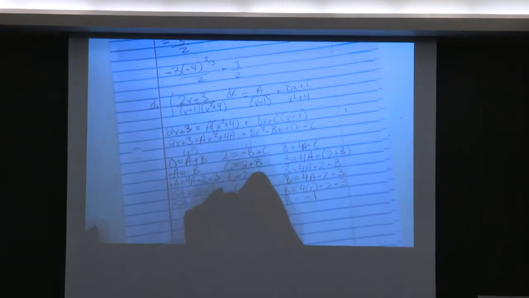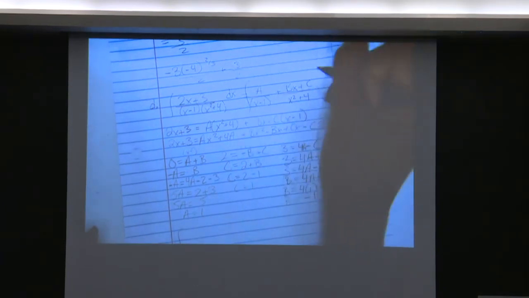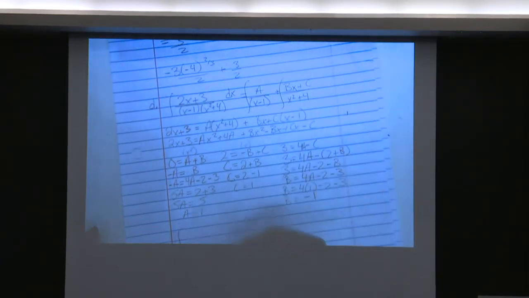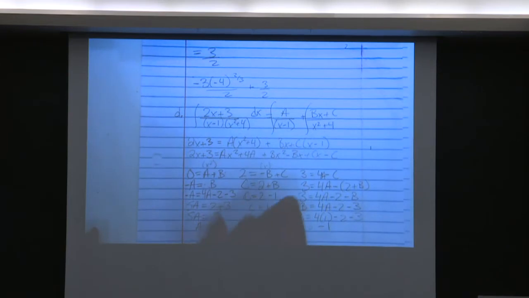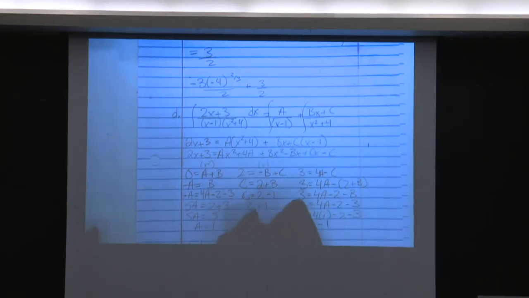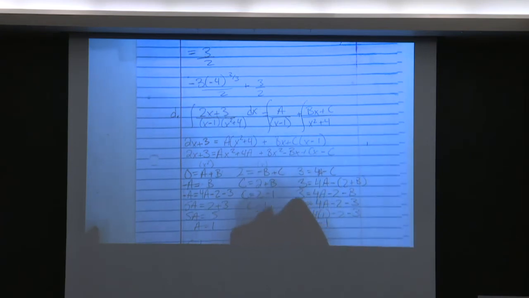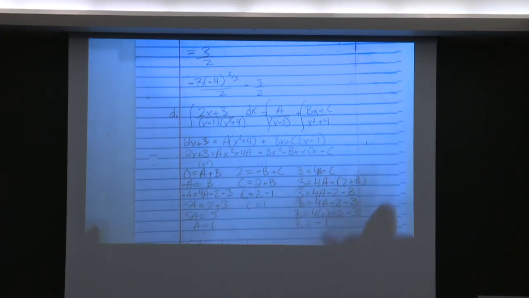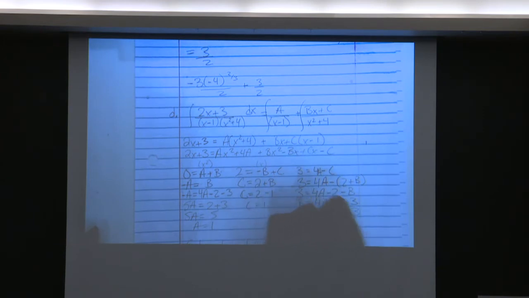So my a is 1, so I have the integral of 1 over x minus 1 dx plus the integral of negative x plus 1 over x squared plus 4 dx.